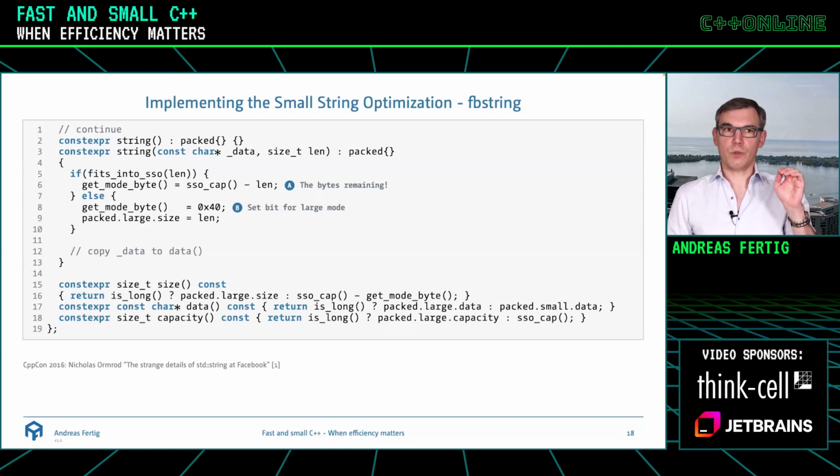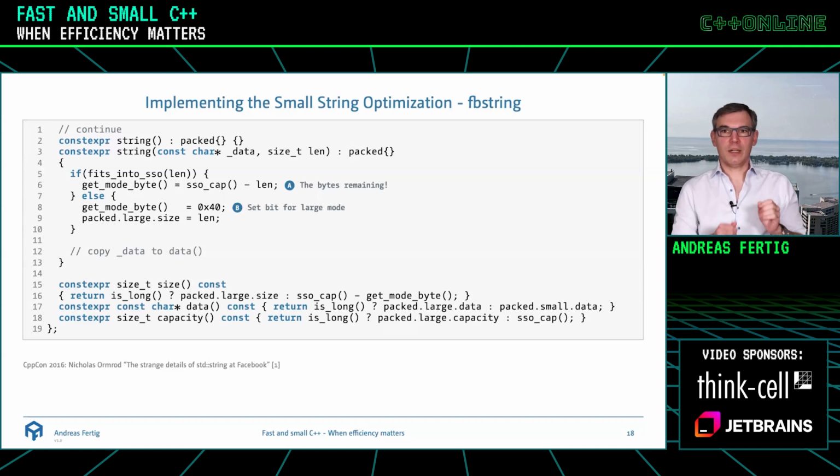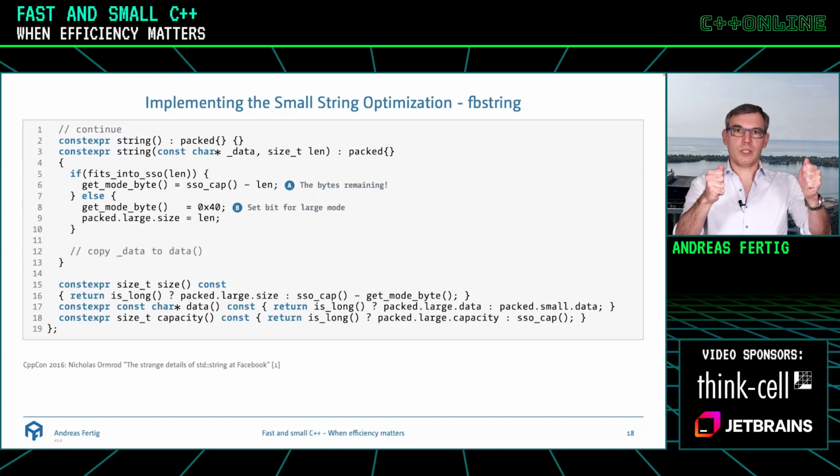And if it fits into SSO, they set the mode byte to SSO capacity minus length. So what that means is they're not storing the number of characters currently stored in this string, as all other implementations did. They're storing the number of remaining characters in the string. So this number stored there will go down to 0.